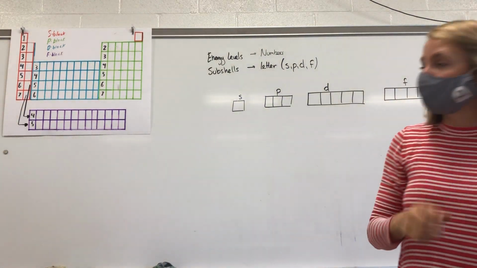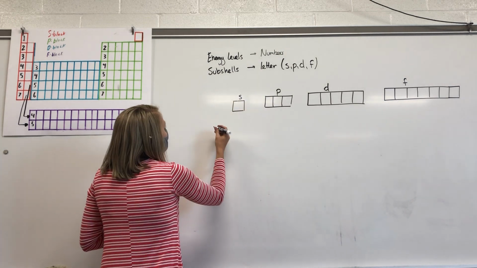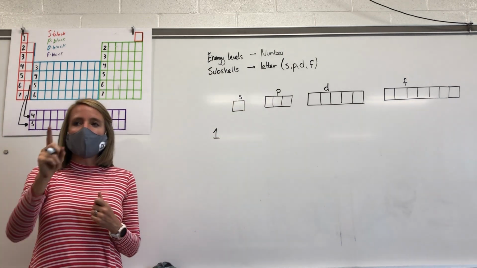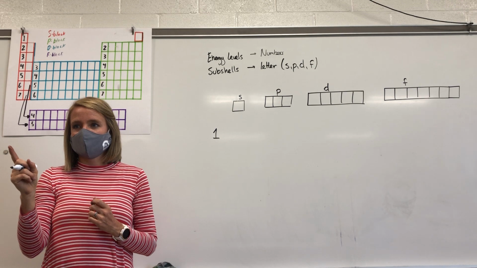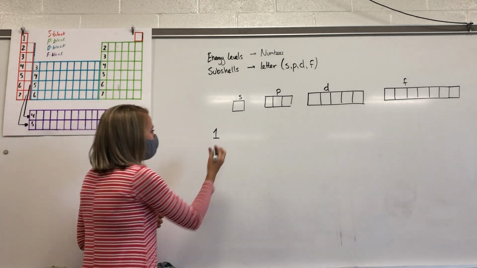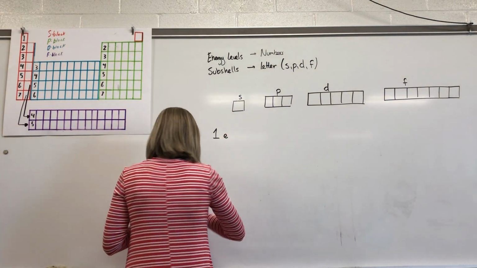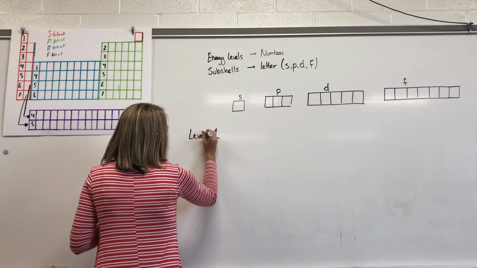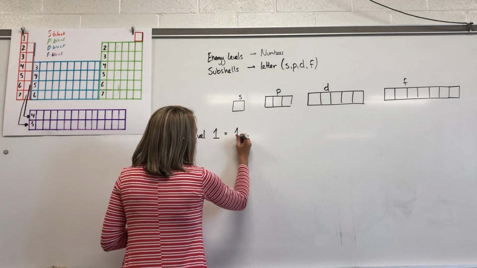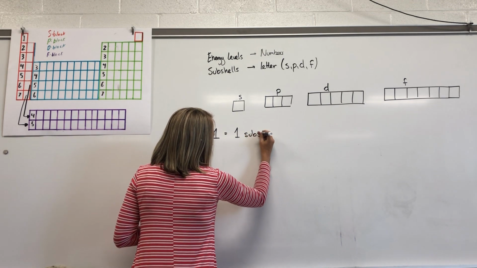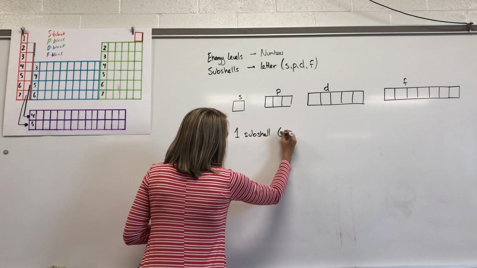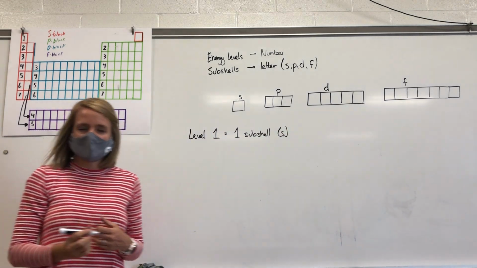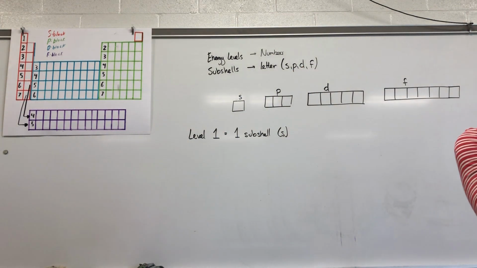On the first energy level, there's only 1 sublevel, and it's an S. So on the first energy level, we'll just put level 1. It has 1 sublevel, or subshell, which is an S. So within this ring is a single orbital that can hold 2 electrons.